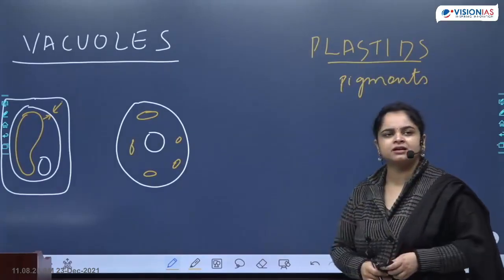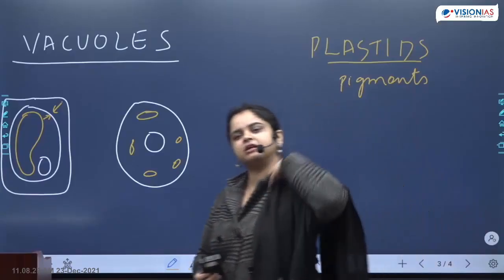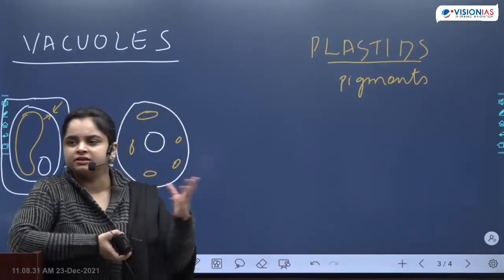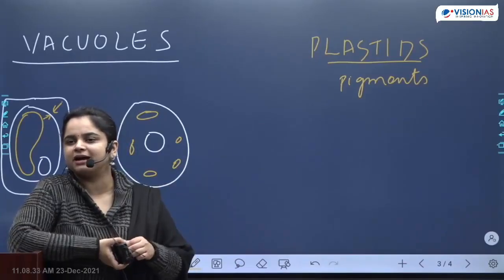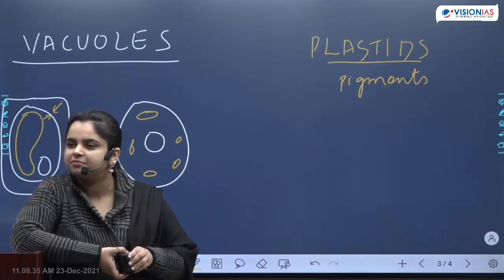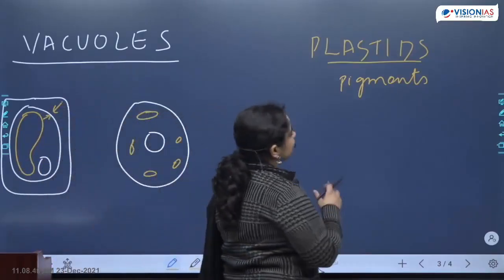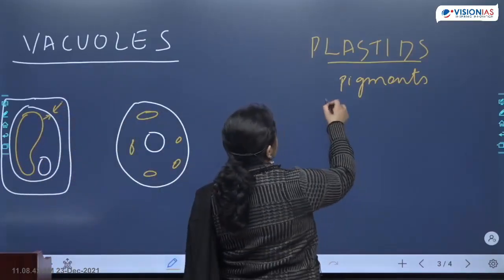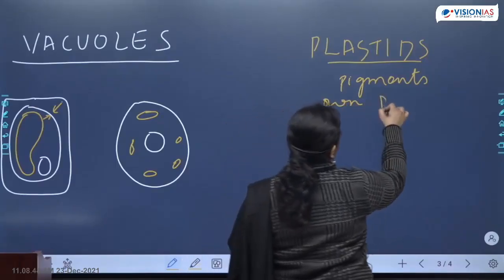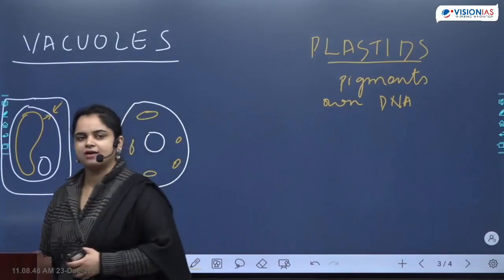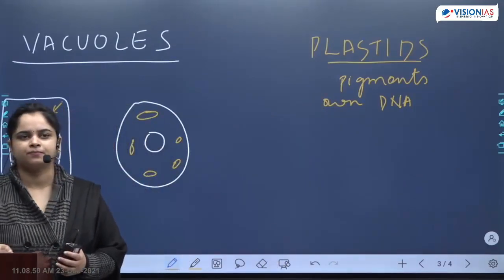Pigments for giving the different parts of the plant different colors. Okay, like different colors of flowers, the leaves, that is determined by the pigments. And these pigments will be found in cell organelles called plastids. They also have their own DNA. Just like mitochondria, plastids also have their own DNA.